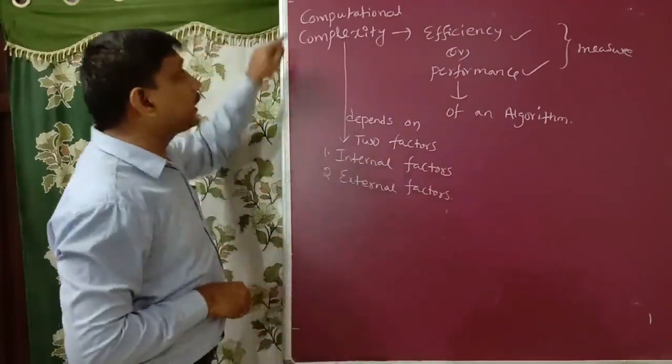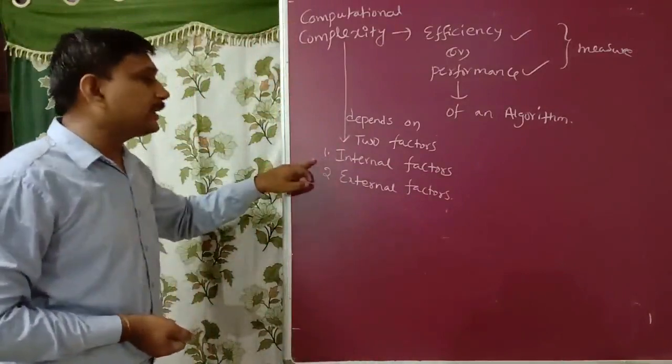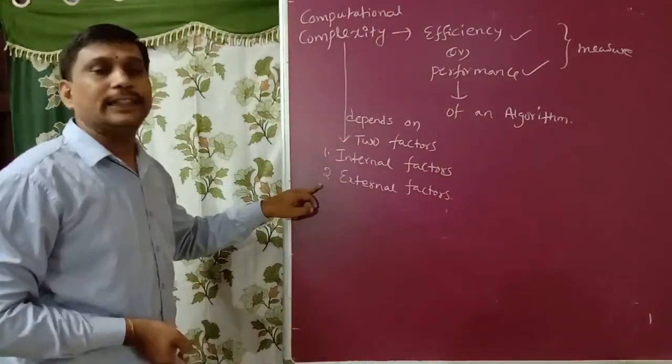So the computational complexity depends on two factors. First one is internal factors, second one is external factors.